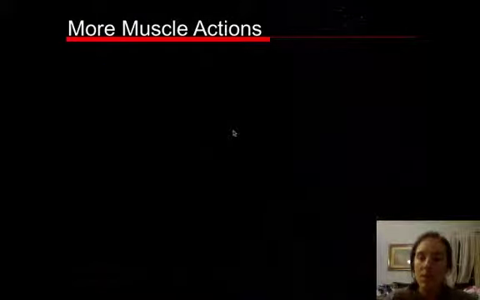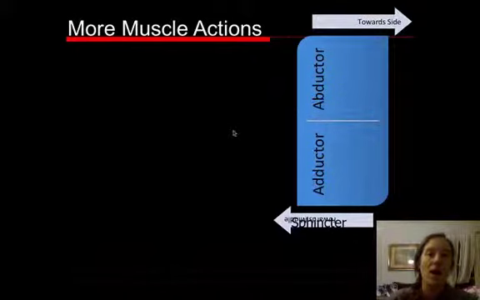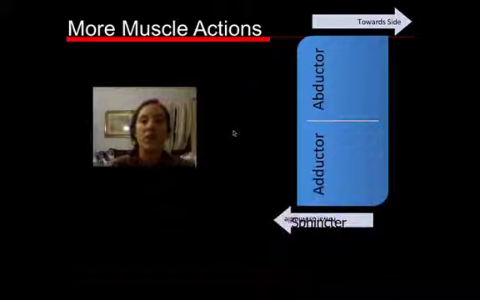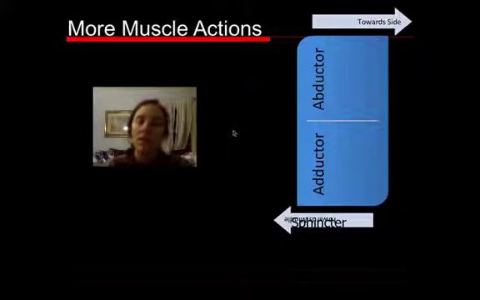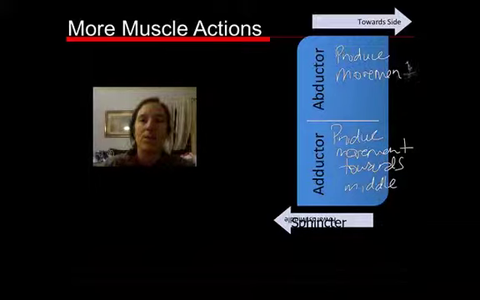The next are going to be the adductors and abductors, and this is not going to be superior, inferior. Here we are talking medial or towards the midline, and lateral. So muscles that move us towards the midline are called adductors. They produce movement towards the middle, and abductors produce movement towards the side.